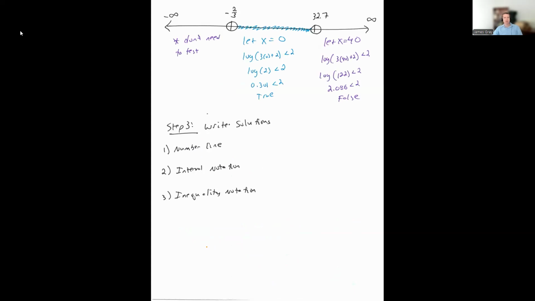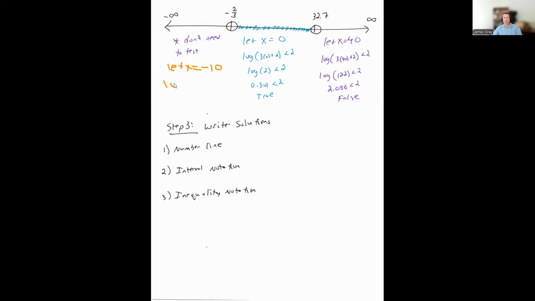So I've created the number line here. And if you notice, this is the area where x is less than or equal to negative 2/3. I can't do it there. I would get an error. Let's say that I didn't realize that, and I wanted to let x be equal to negative 10.